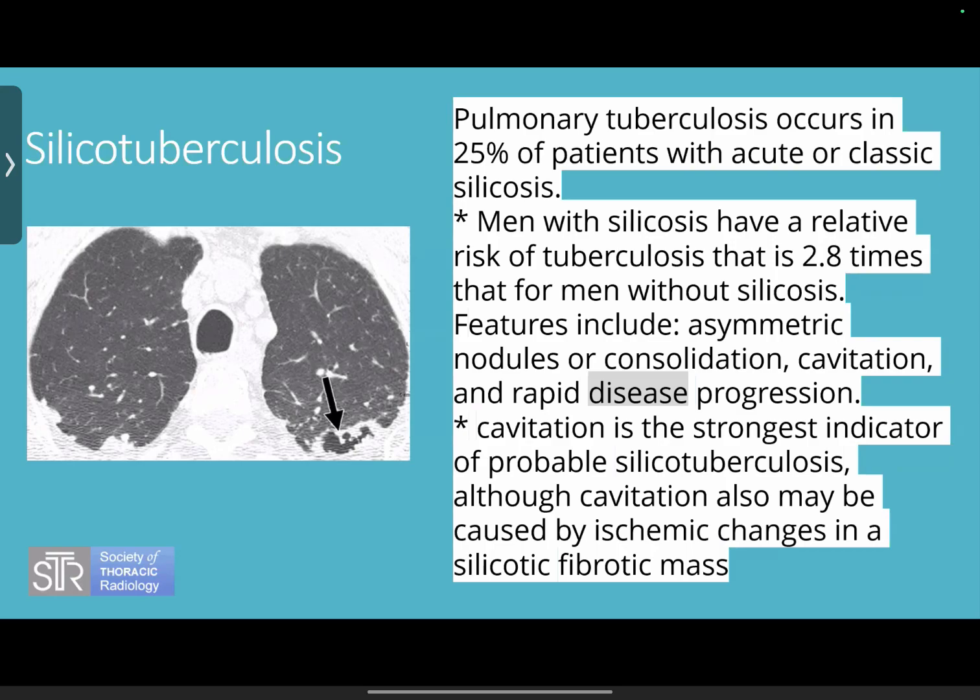Again, there are nodules, consolidations, cavitations, and rapid disease. Cavitations can also be seen here, but you have to be careful that you realize it's silicosis with tuberculosis, and not something else caused by ischemic changes.